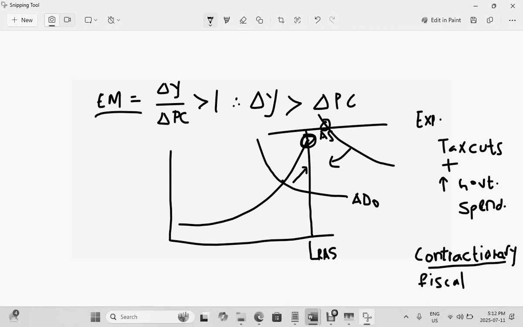Your contractionary fiscal policy has to do with things like an increase in taxes. So if you increase taxes, obviously what's going to happen is people will stop spending like they used to before, because they're spending way too much when the tax is going up.